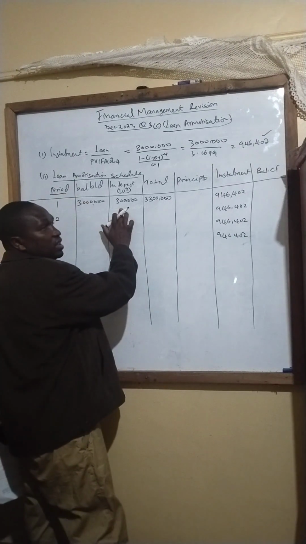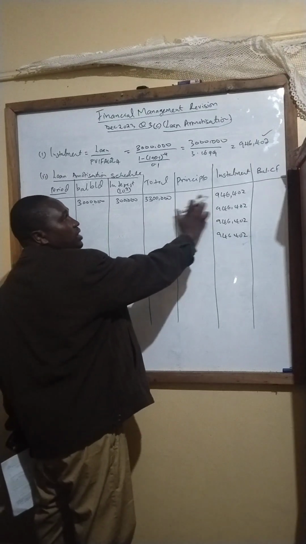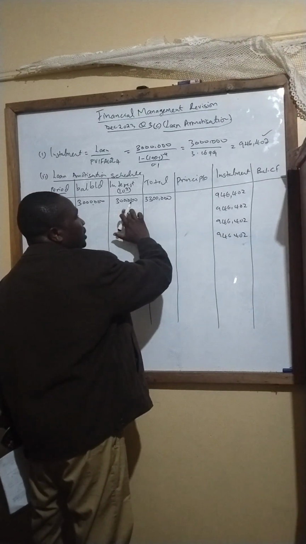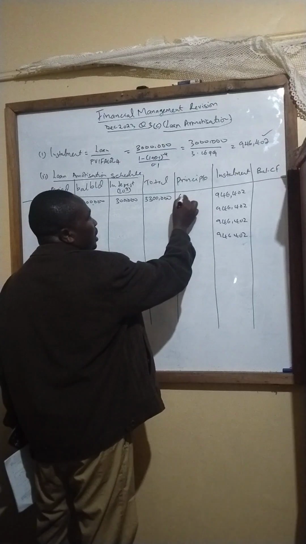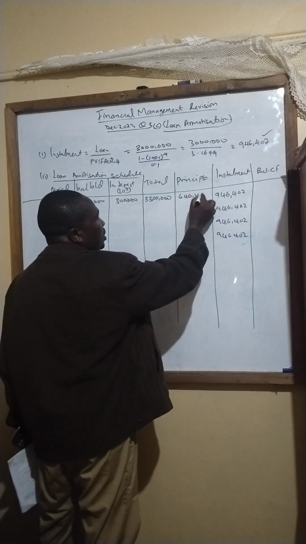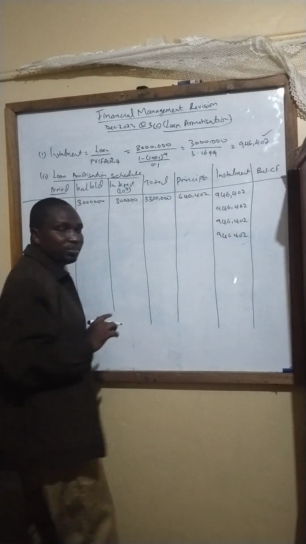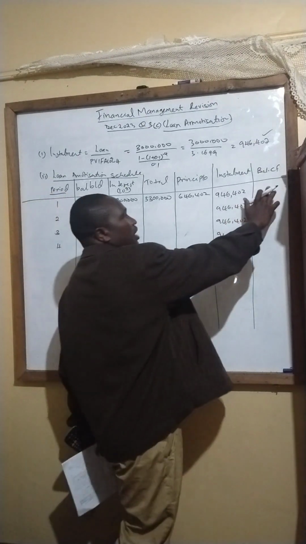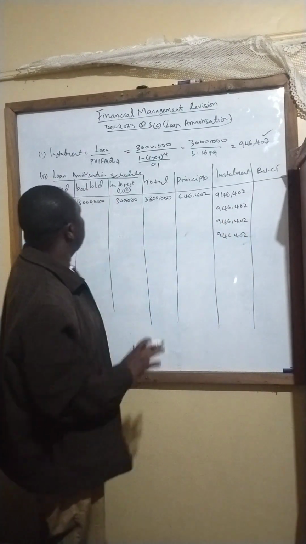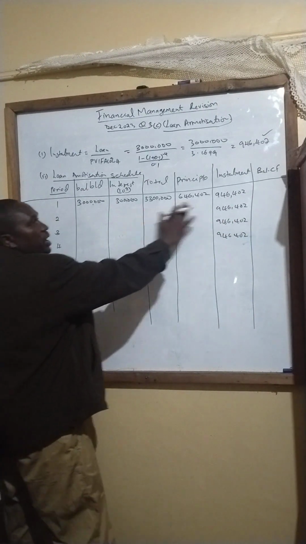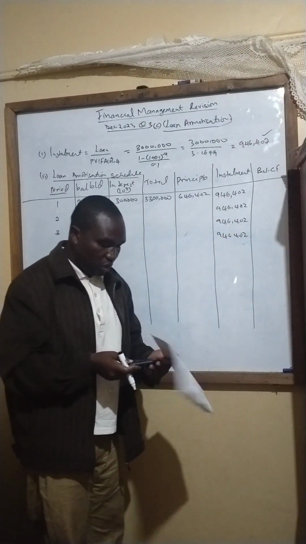Now, principal, remember we are saying installment is equal to interest plus principal. Because we have already the interest here, we can easily get the principal by saying installment minus interest, which is 646,402. This minus that. Now, for us to get the balance carried forward, you take the total amount, you minus the installment.